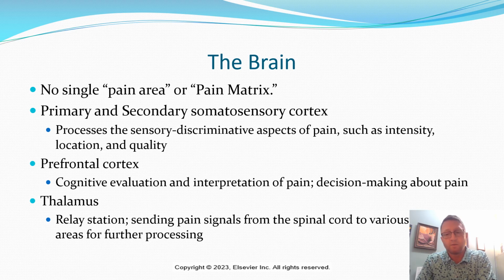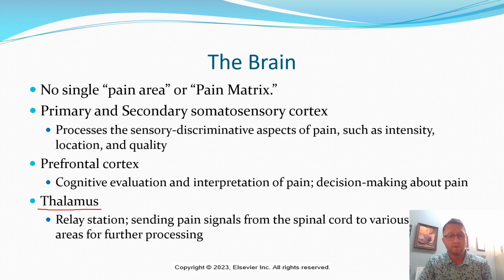But the portion that I really want you to know for our quizzing and our exam material is that the thalamus is the relay station for the brain. So we're going to underline that one there. Again, we want to know that the thalamus is the relay station. It sends pain signals from the spinal cord to various cortical areas for further processing.